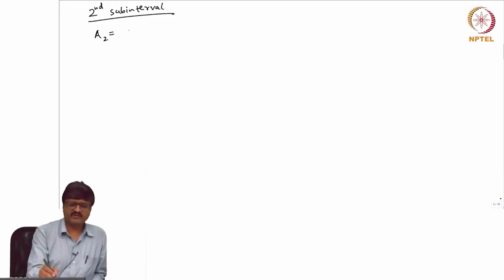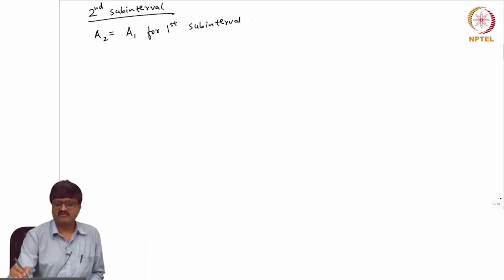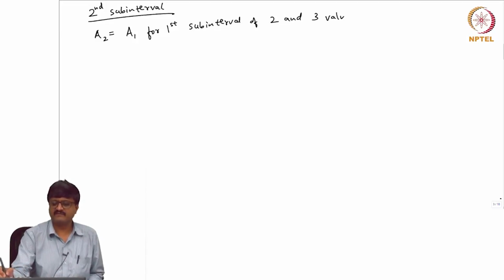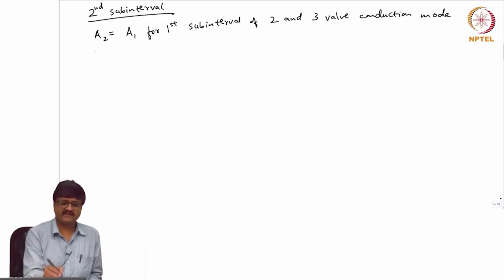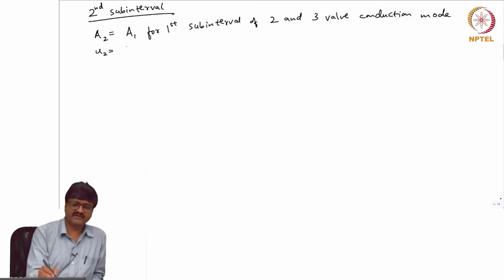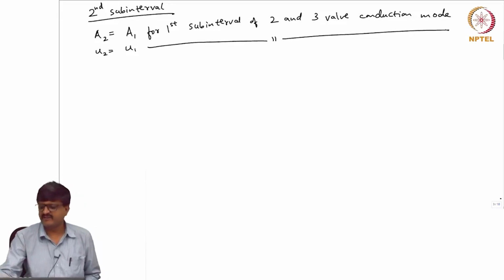A2 is equal to A1 which was obtained for the first subinterval of 2 and 3 valve conduction mode. Similarly, U2 is nothing but the U1 for the first subinterval of 2 and 3 valve conduction mode.